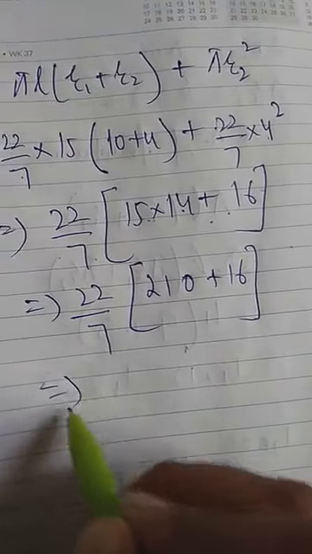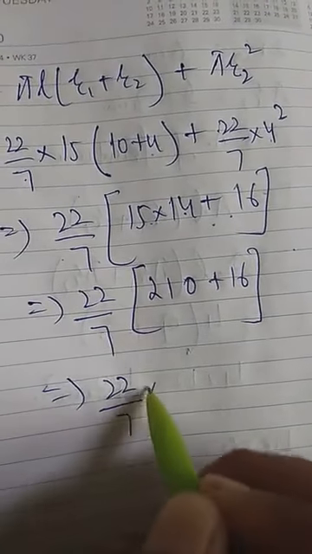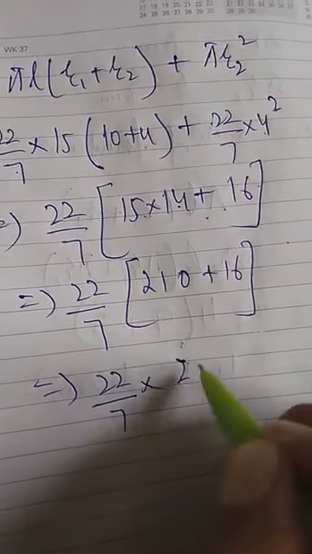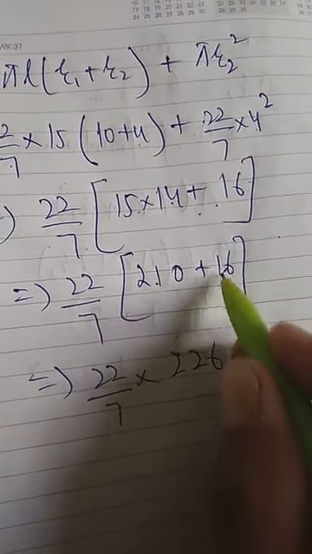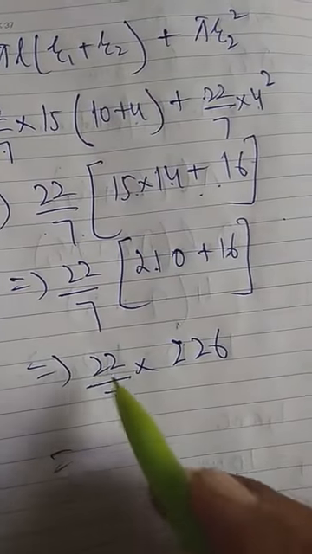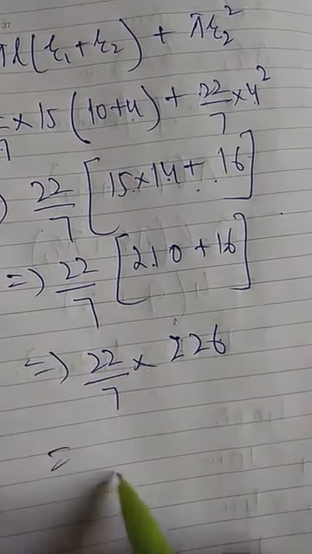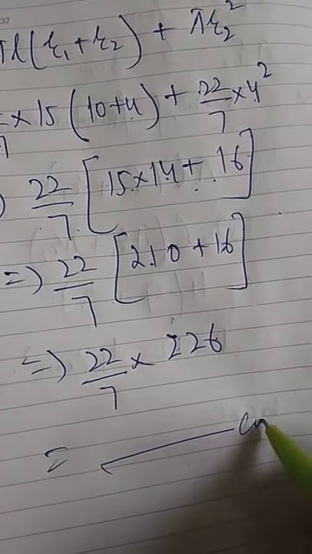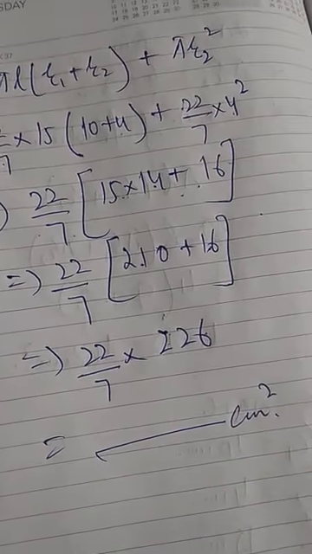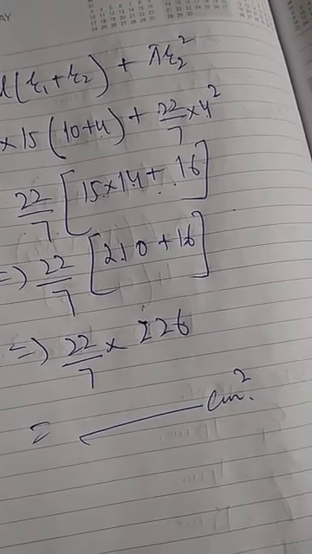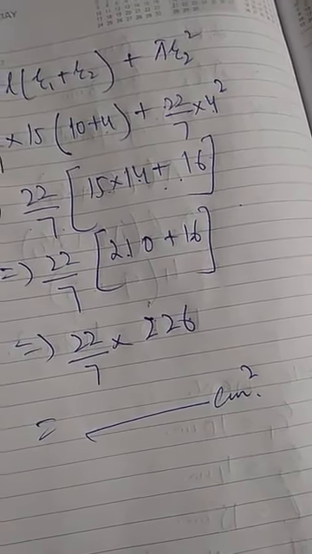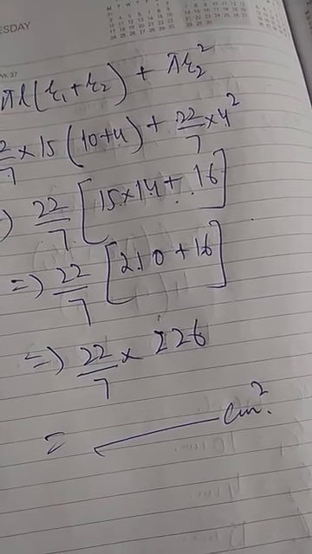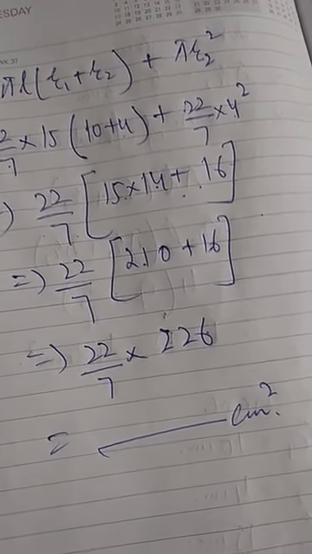It is 22 upon 7 into 226, sum of these two numbers, and you will calculate 22 into 226 divided by 7, that will be in square centimeters. This is the area of the cap, area of the material used for making the cap. These were the first three questions of this last exercise.